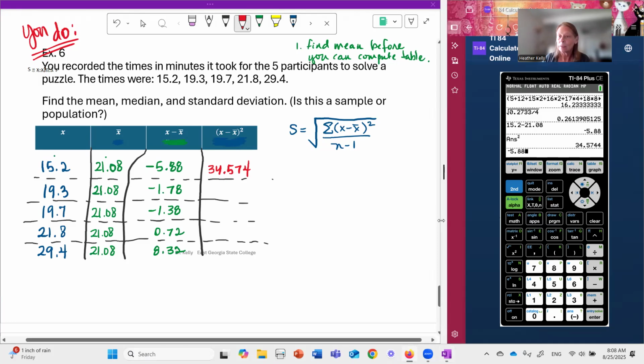Now if you just said -5.88 squared, there's a difference here, so be careful. That's going to give you a negative answer. That's because you didn't use parentheses, and the calculator reads that negative all by itself. It reads that as -1 times 5.88 squared.